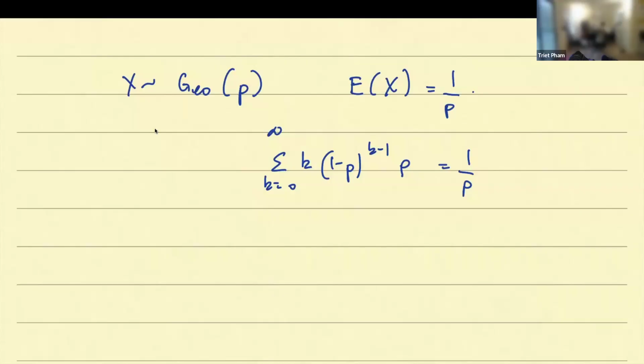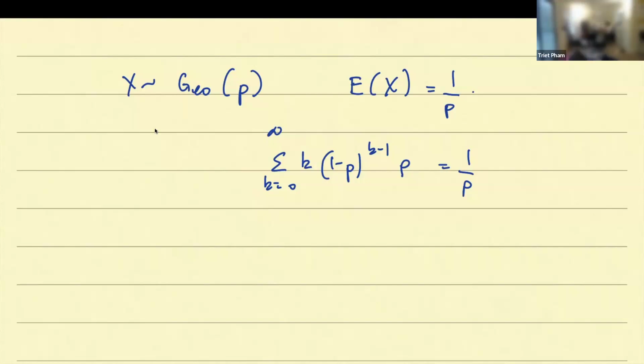But that's the so-called analytical approach, not a probabilistic approach. And at that time I said the probabilistic approach requires conditioning, which at that stage we did not have enough tools to talk about. Now we do.